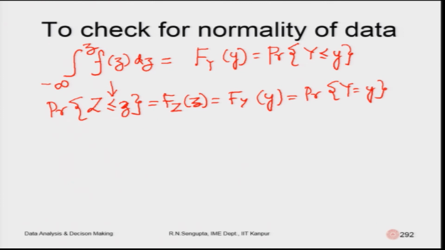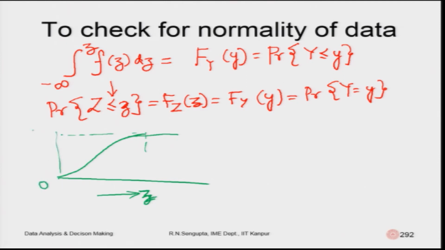So, these are the CDF values. I should have written in a different color. Wait. For the diagram, I am going to do that. So, generally this is the CDF value, technically going to infinity. So, these are the z values, and this is 0, this is 1.